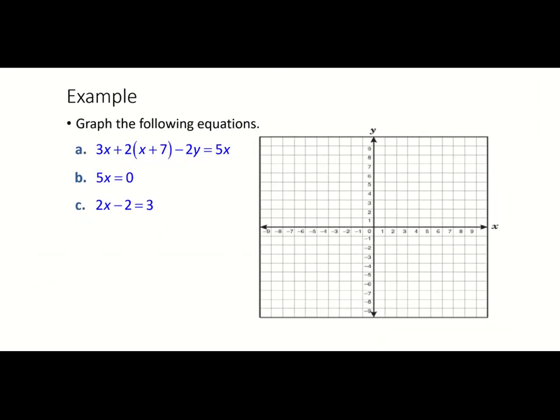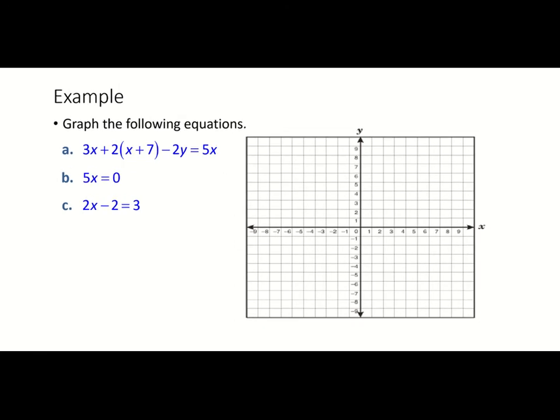Now, if we take a look at B, again, let's solve it for x. So to do that, we're just going to divide by 5. And now I have x equals 0. When x equals 0, x will always be 0.